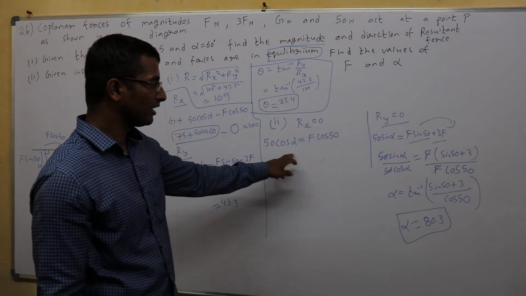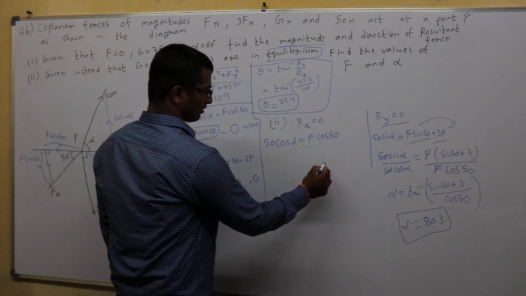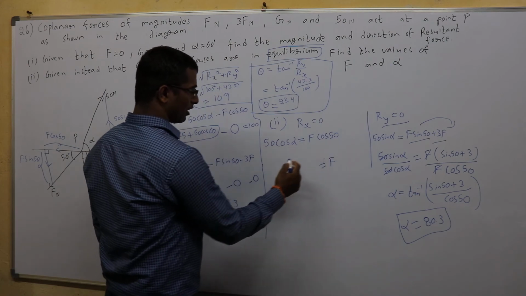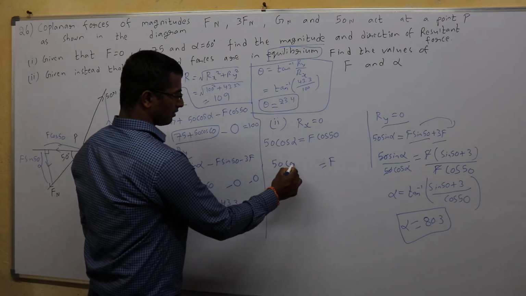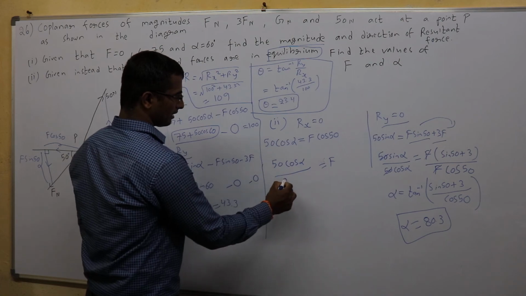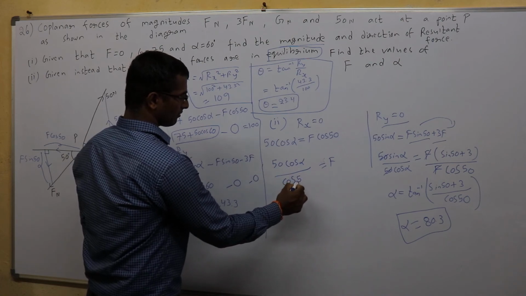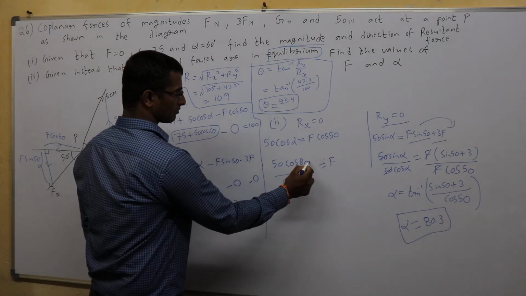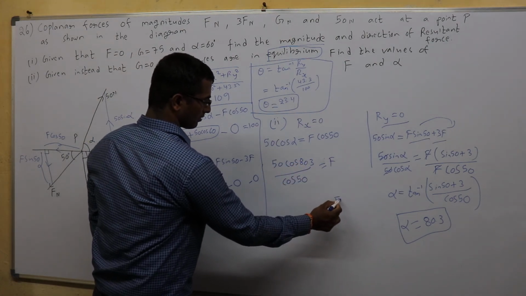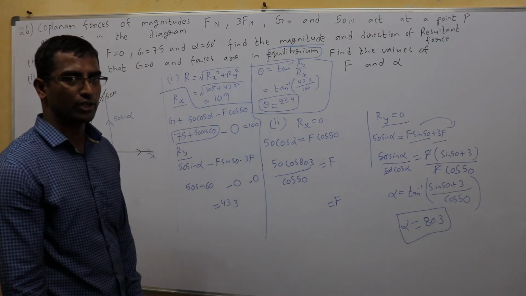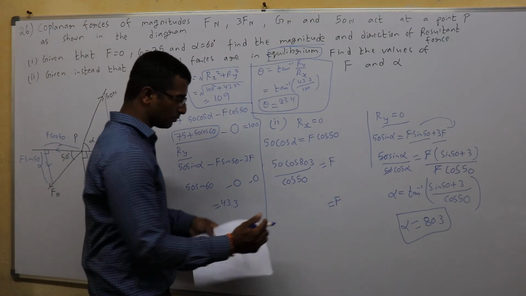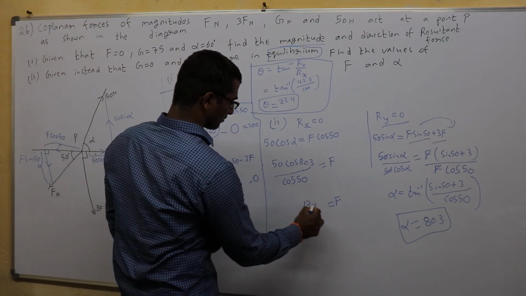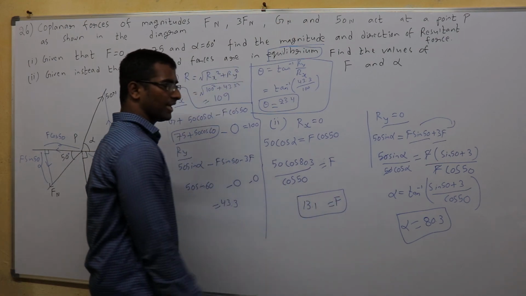Place that alpha here to get F. So F equals, sending cos 50 to the other side, 50 cos alpha by cos 50. Replace alpha with 80.3. Put this in the calculator. You get the F value to be 13.1. So this is the answer.